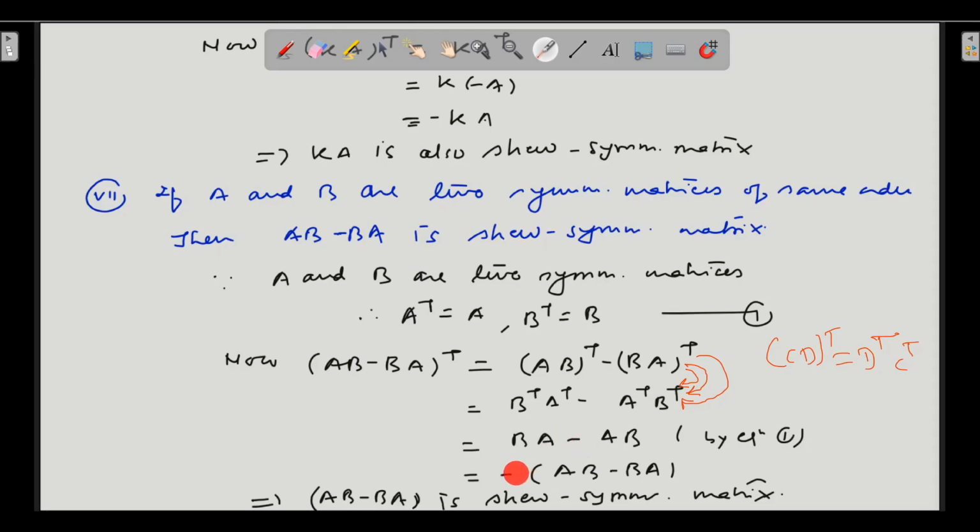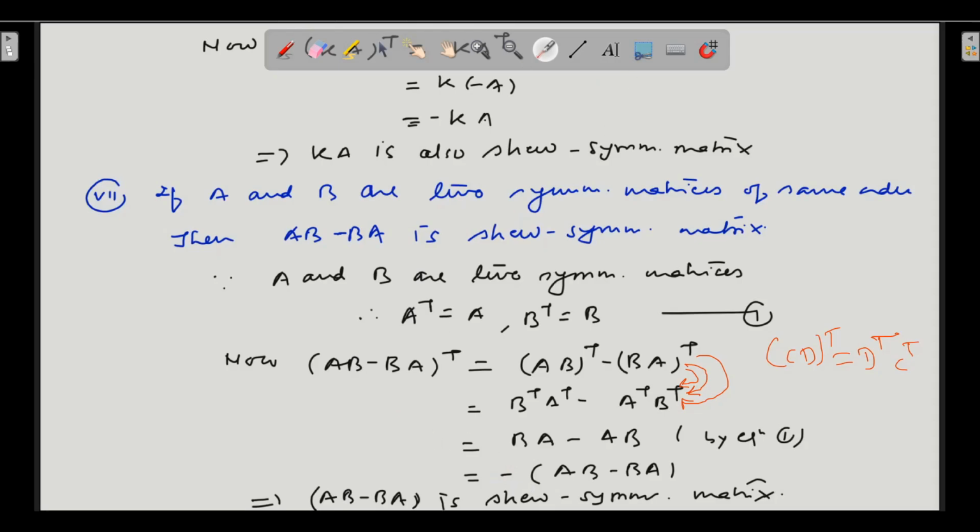When you take the minus sign common, minus AB becomes plus AB, and plus BA becomes minus BA, so we get AB minus BA.